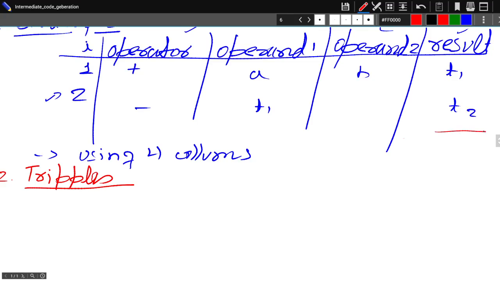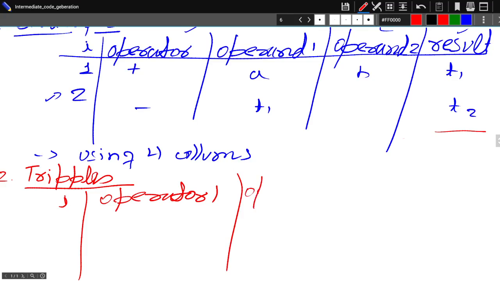We will not use the result column. Operator, operand 1, operand 2.